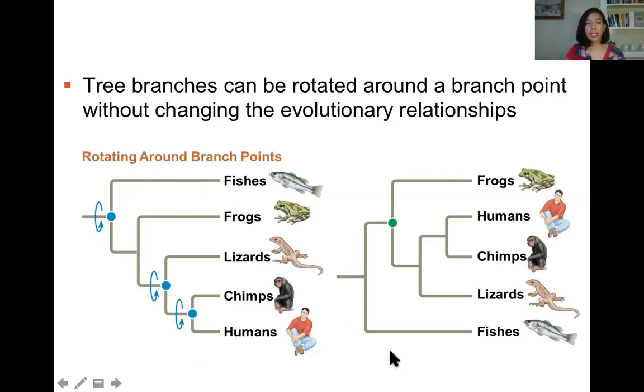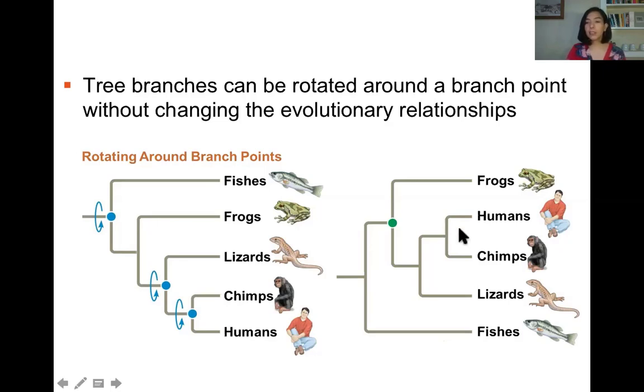So take some time and pause the video if you didn't follow, and try to reconstruct what that means when we rotate the branches or the branch points. But what is going to be very important is that, regardless of how we rotate these branch points, we are going to end up with the same relationships.